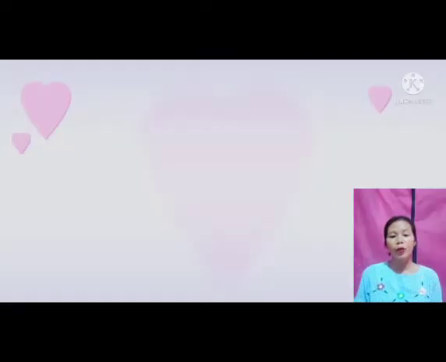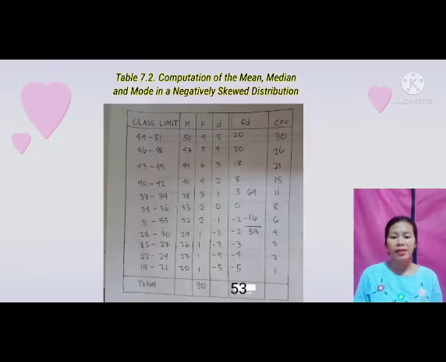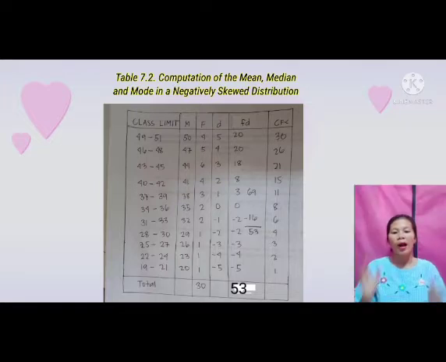In order for you to understand the topic well, I will show you Table 7.2, which presents the computation of the mean, median, and mode in a negatively skewed distribution. As you can see, our table has 6 columns. In the first column, we have the class limit.